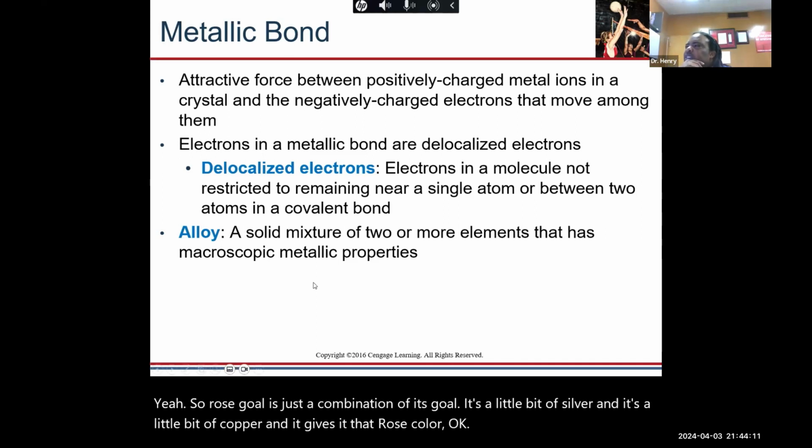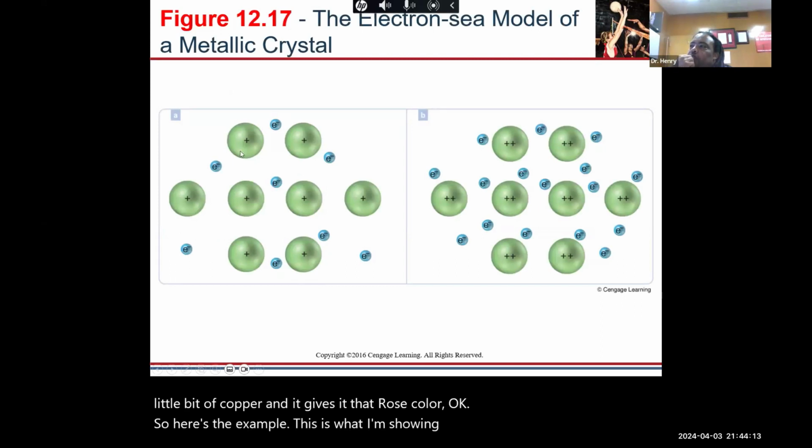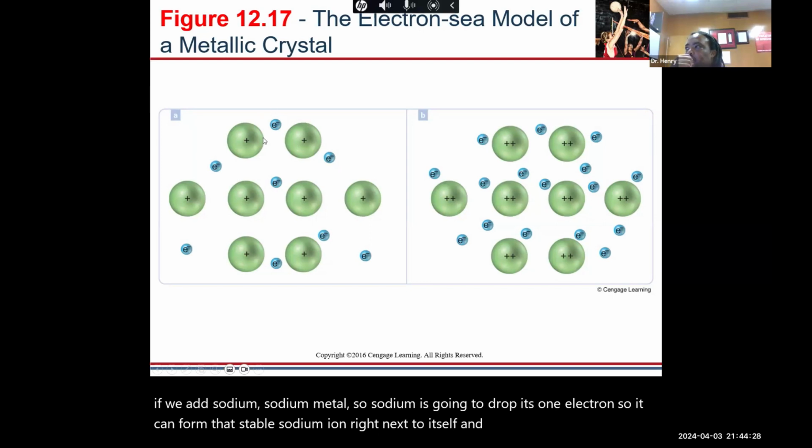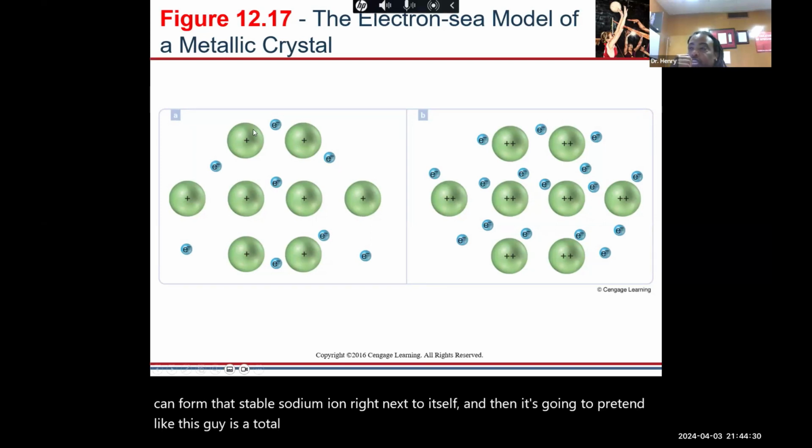So here's the example. If we had sodium metal, sodium is going to drop its one electron so it can form that stable sodium ion right next to itself. And then it's going to pretend like this electron is a total atom that's negatively charged, and it's going to interact with it. Because of that interaction, it makes that metal really strong.